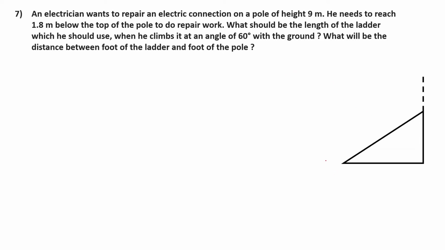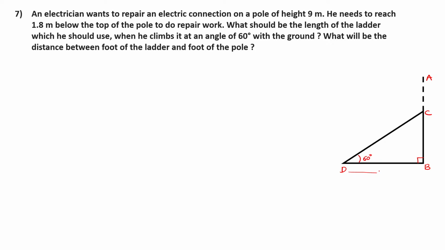So the diagram is ready. It is point D, foot of the ladder, point B, foot of the pole, point C, repair area, and A, top of the tower. Okay. Now the ladder is making a 60 degrees angle with the ground. The pole is making 90 degrees with the ground level.